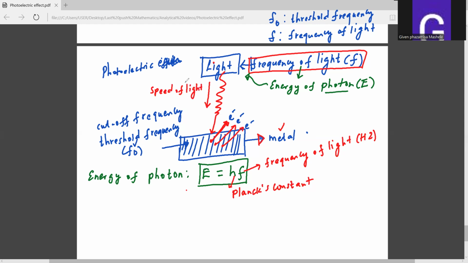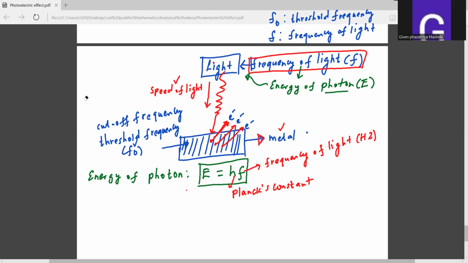The speed of light depends on the frequency of that light and the wavelength. I think you recall when we spoke about the relationship between frequency and wavelength, where we said the longer the wavelength, the lower the frequency.